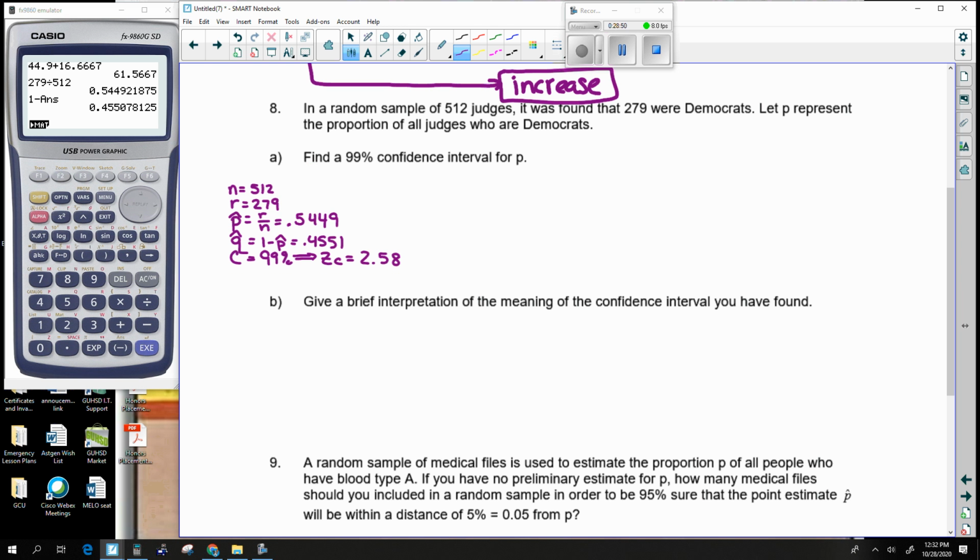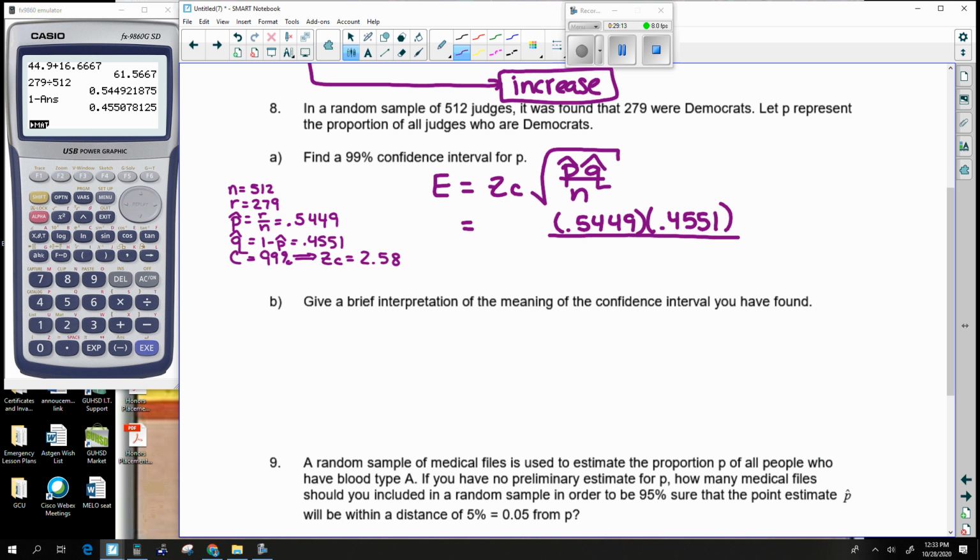Okay, so on to the E, which is ZC times the square root of P hat Q hat divided by N. And so what I do is I begin with my P hat Q hat divided by N. It's going to be an incredibly small number, but we're just beginning. So I start with 0.5449 times 0.4551 divided by 512.